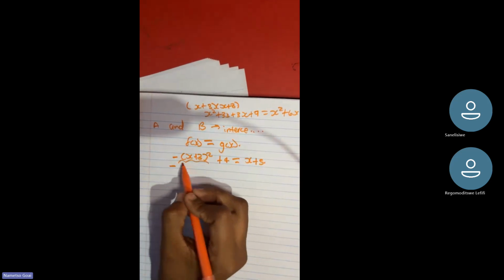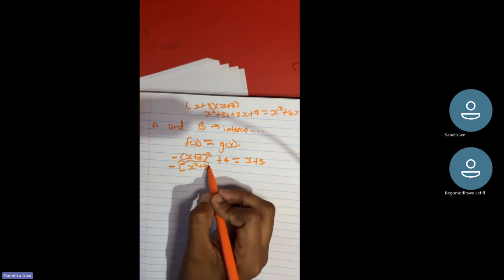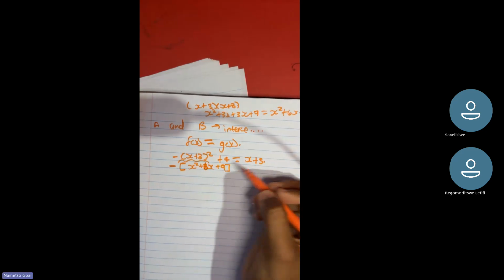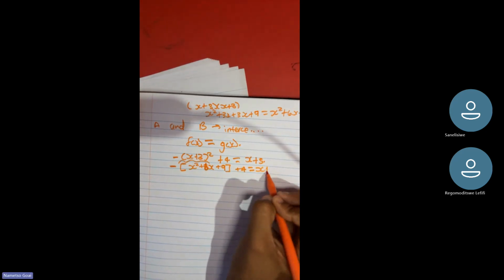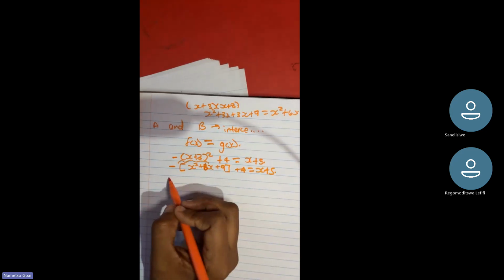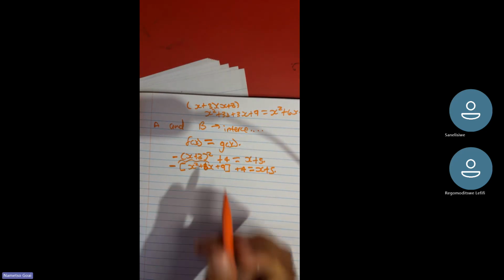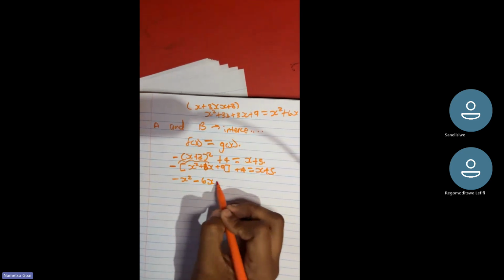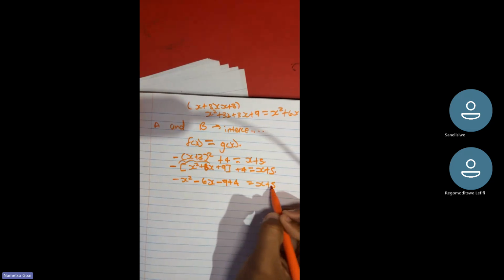So you're going to have negative, and then open bracket, x squared plus 6x plus 9, close bracket, plus 4 equals x plus 5. So we're going to have negative x squared, negative 6x, negative 9 plus 4 equals x plus 5, right?